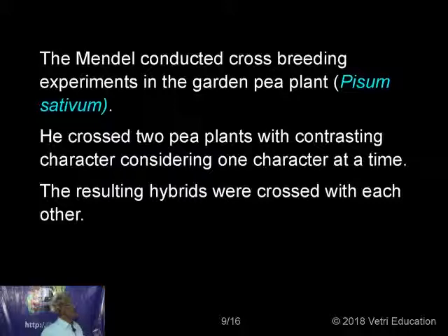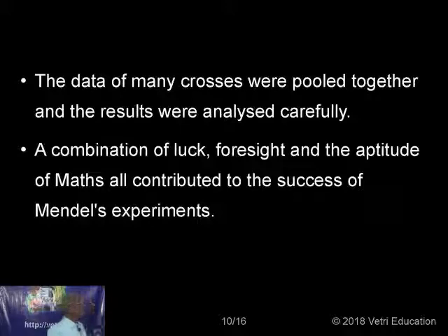He crossed 2 pea plants with contrasting characters, considering one character at a time. The resulting hybrids were crossed with each other. The data of many crosses were pooled together and the results were analyzed carefully.